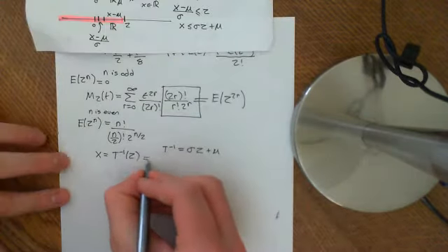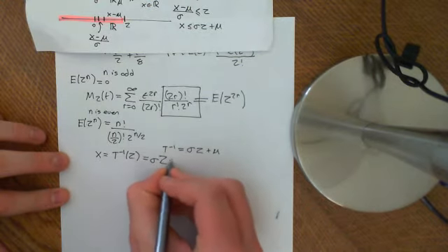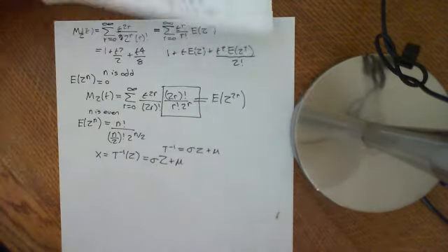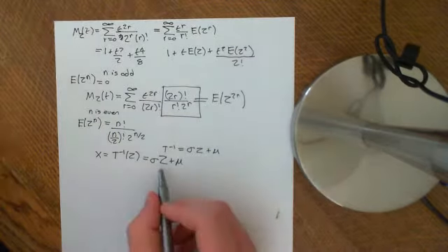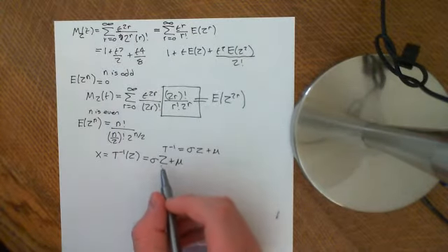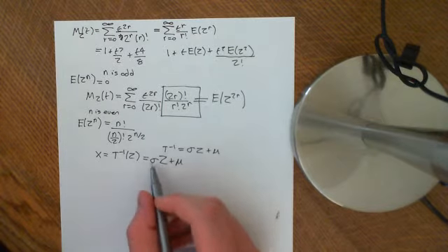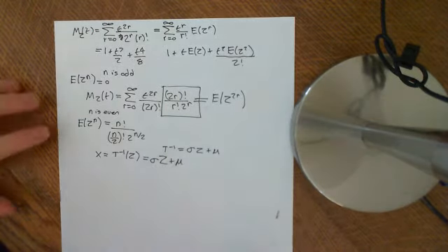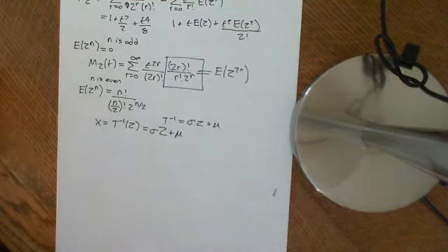So we can view this as overall being sigma times z plus mu. That's how we transform this new random variable which we constructed, z, which was standard normally distributed, back into our general normal distribution, which was our original problem.